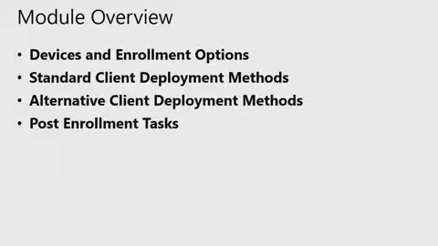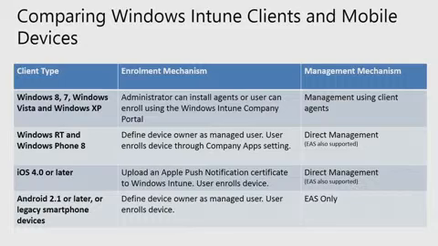We have the standard client deployment method and an alternative deployment method. The difference between these two is that for standard deployment, your end users will need administrative rights on the device to complete the enrollment, whereas with alternative methods, you don't need that. You can pre-program this and set it up for your administrators to have the enrollment in place without the need for the end users to do that. So let me show you what I mean.